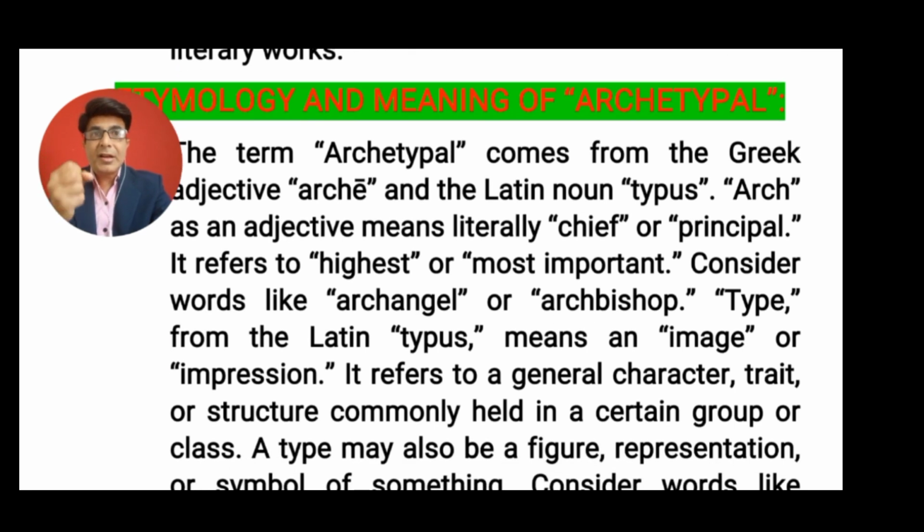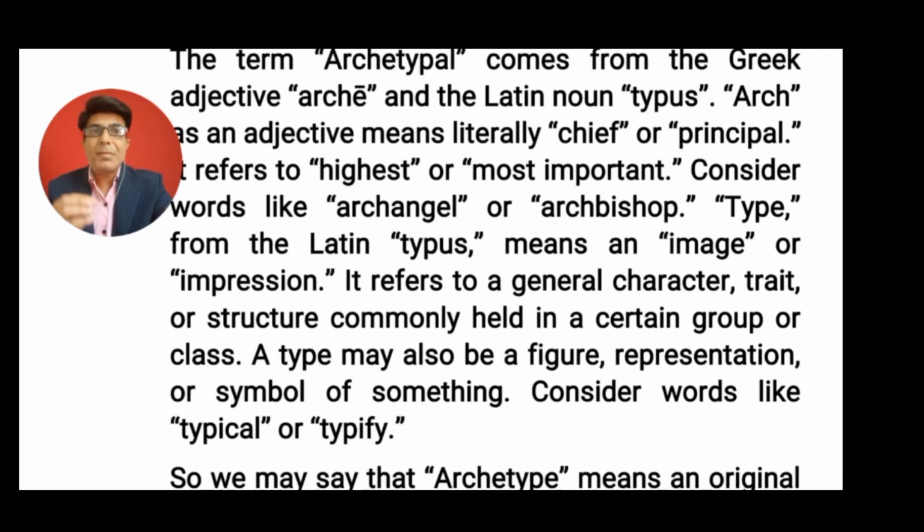And there is another word, type. What is this type? It is general. It refers to a general character or a general structure or a general trait commonly held in a certain class. A type may be a full figure or representation or one symbol. Consider the words we use, like typical, typify, right?